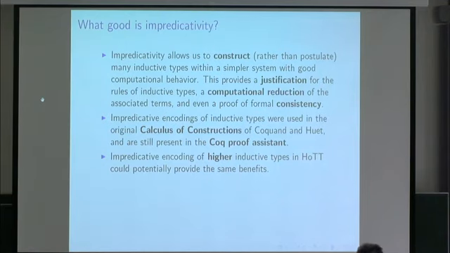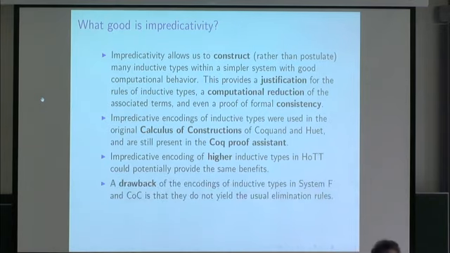Now, this is the point that I'm alluding to. We could use this idea in HoTT as well to try to get some value out of it. As I already suggested, there are some drawbacks of these impredicative encodings. That's the reason that the calculus of constructions became the calculus of inductive constructions. Namely, one just threw in all the inductive constructions, but not arbitrary ones, rather all the ones that are justified by the impredicative encodings.